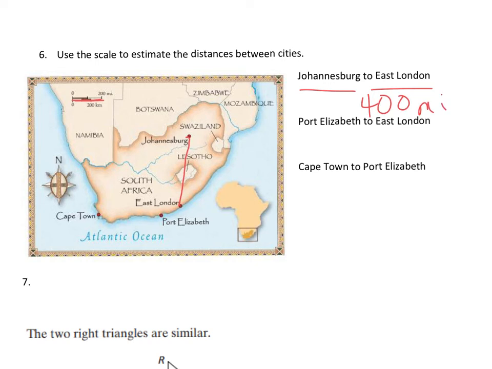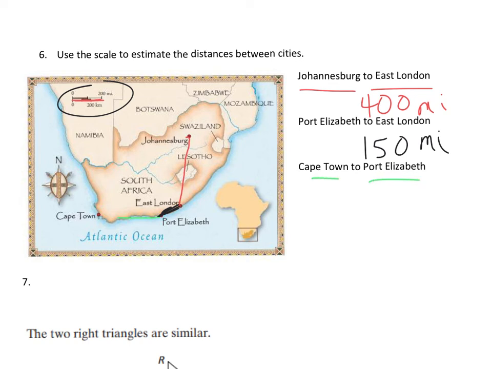Okay, similarly, Port Elizabeth to East London. So this is less than 200. It looks to be about 150 miles. If you have a ruler, on paper, you can be much more precise. Cape Town to Port Elizabeth.